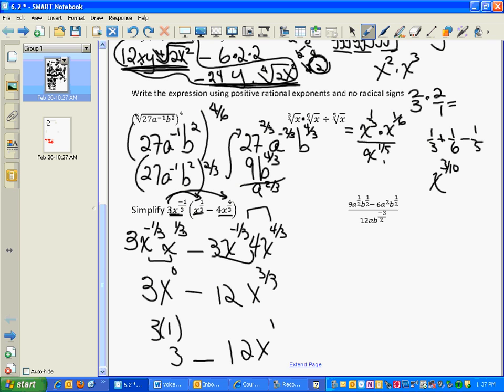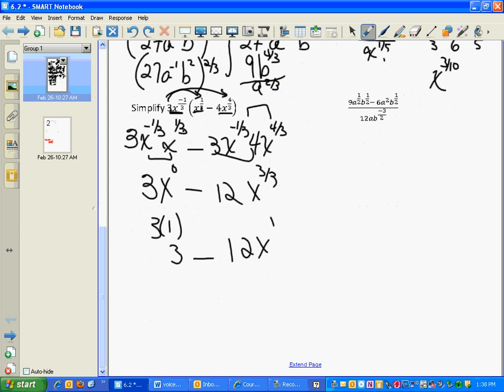So it's 3x to the negative 1/3, x to the positive 1/3. Because that's what I have here. 3x to the negative 1/3 times x to the positive 1/3. To the 0.